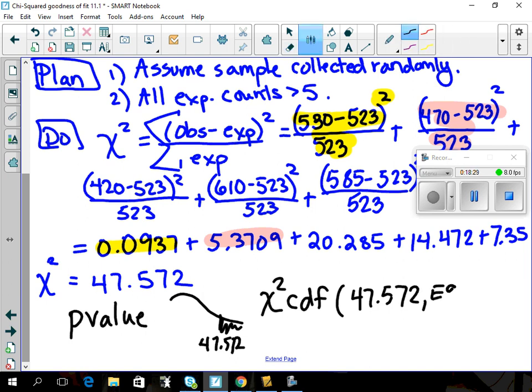And then what do you think I'm going to have to put in there? What did I have to put in with t's? Degree of freedom. What's our degree of freedom here? 4, the number of colors, number of cell counts, minus 1. So we have 5 colors, therefore our degree of freedom is 4.